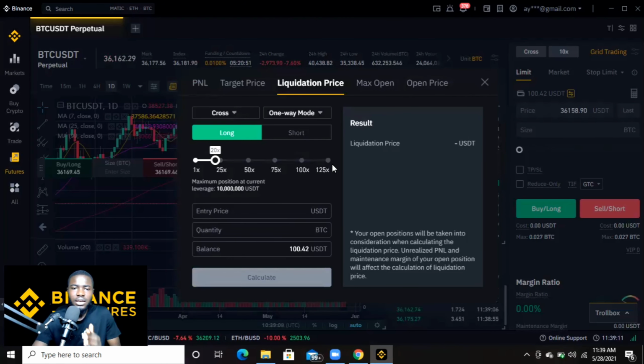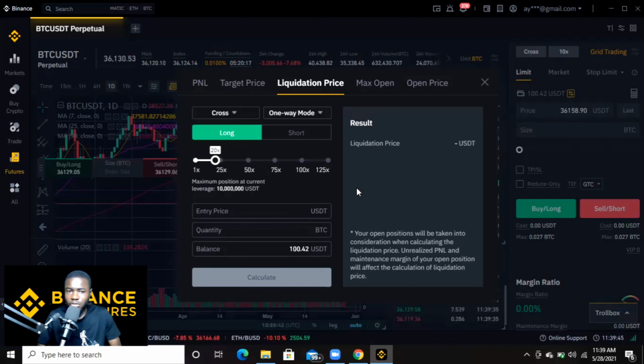Now, I would like to also say that when you are calculating your liquidation price, be very, very careful, because if your liquidation price is close to the mark price of a certain instrument, for example, if your liquidation price is $32,000 and you are entering a trade when BTC is at 36,000, be careful, because if the price of BTC was to drop drastically, for example, and you enter the long position, your liquidation price could possibly change, and you can get liquidated.